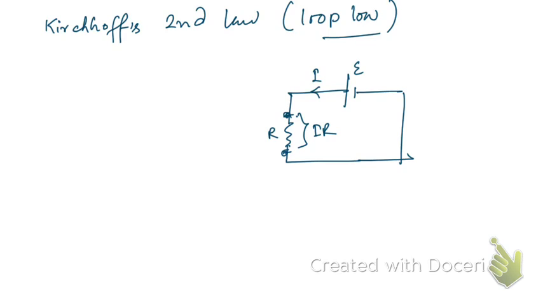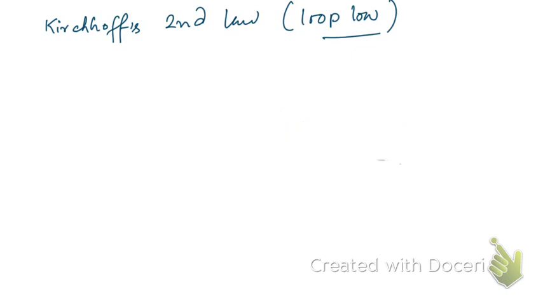Here we need to learn the sign convention to apply this rule. Suppose we have a resistor R with current I in this direction. The potential difference across it is IR according to Ohm's law, but will it be positive or negative?